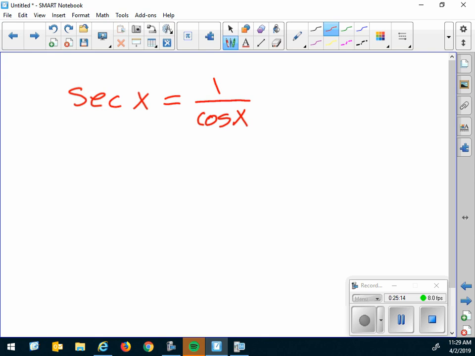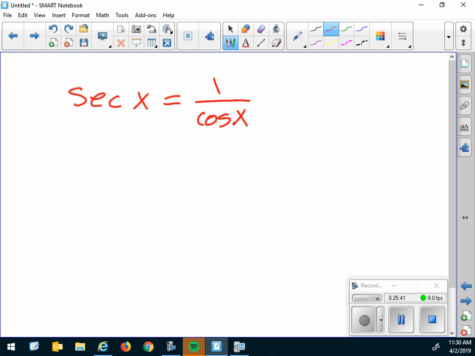When is secant x equal to 0? When's a fraction equal 0? When the numerator is 0. When's the numerator 0? Never. This thing is never going to cross the x-axis. Never.